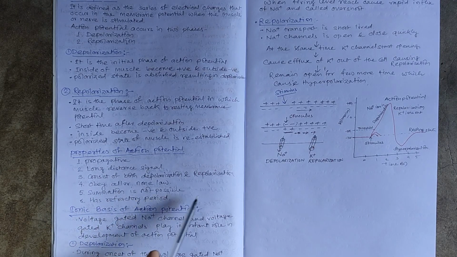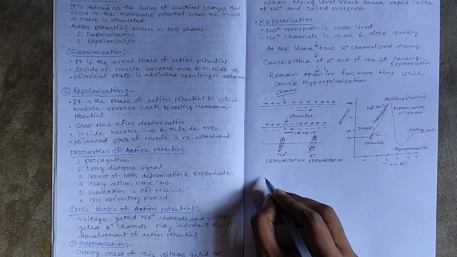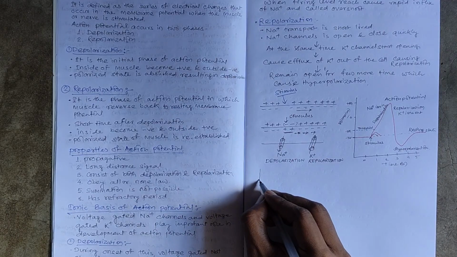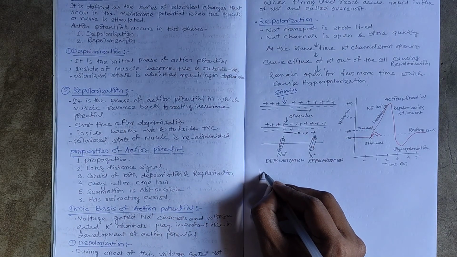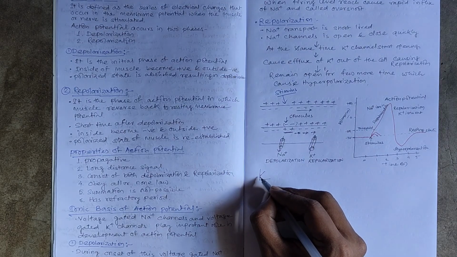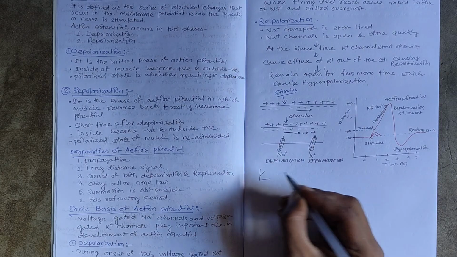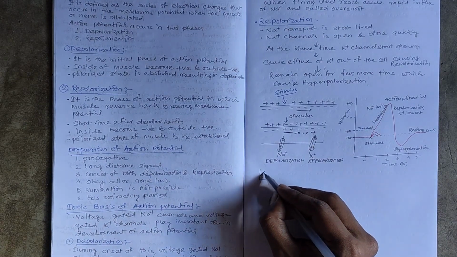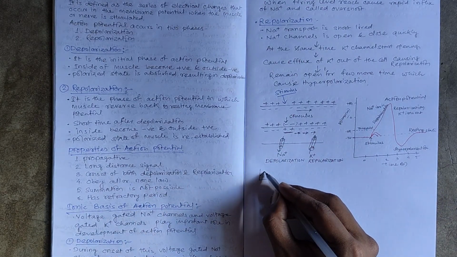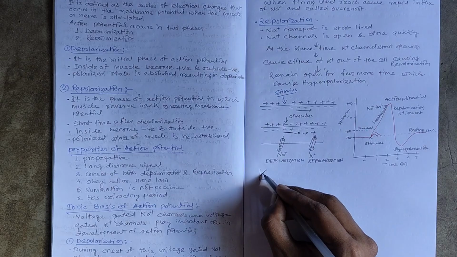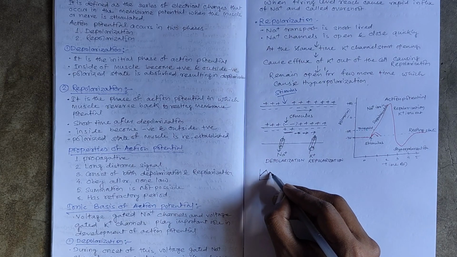Now summation is not possible. What happens whenever any action potential is generated? When one is generated, in case we take that this is one stimulus, if we give a second stimulus, this cannot make it rise; it will degrade and start again.